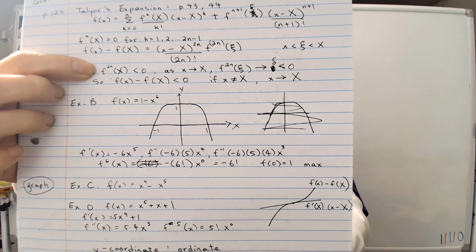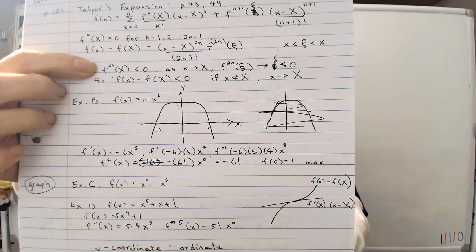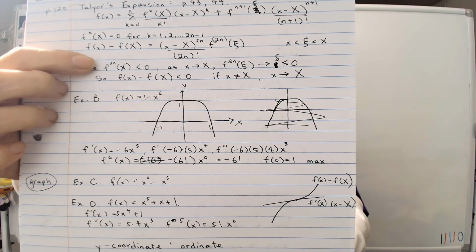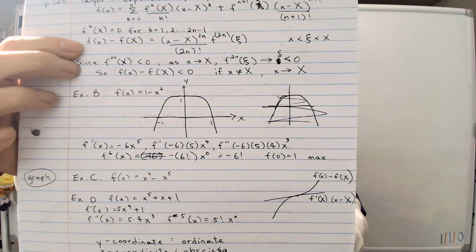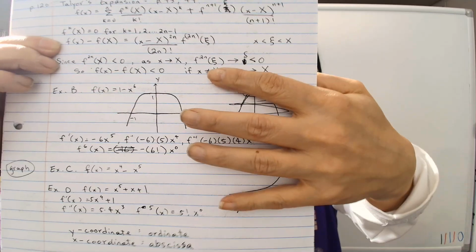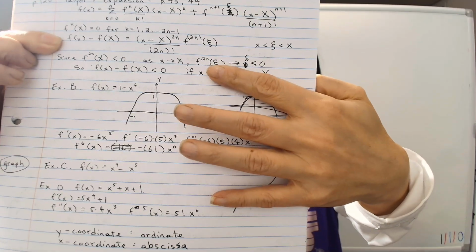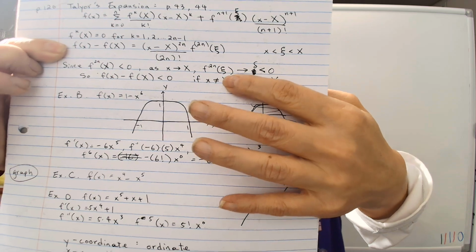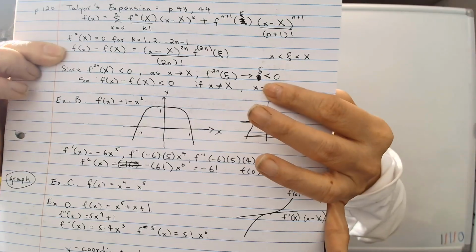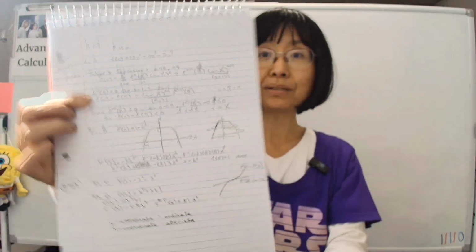Then as small x approaches big X, we can find a value in this neighborhood, psi, such that, or should I say, f2n of psi will approach some value delta that is going to be less than 0.